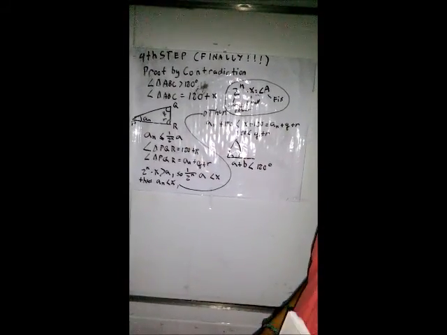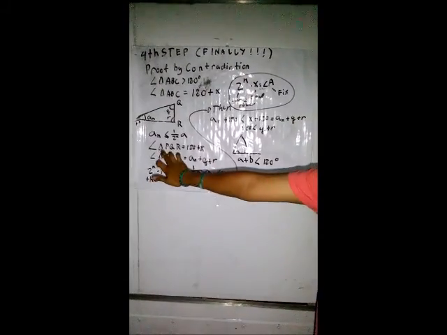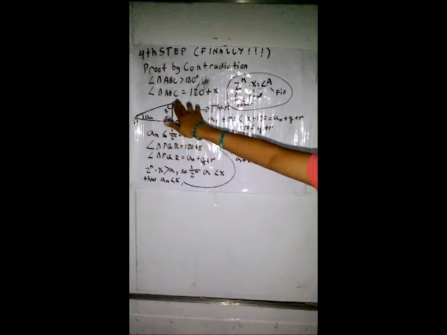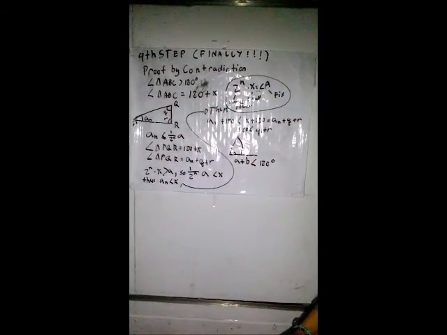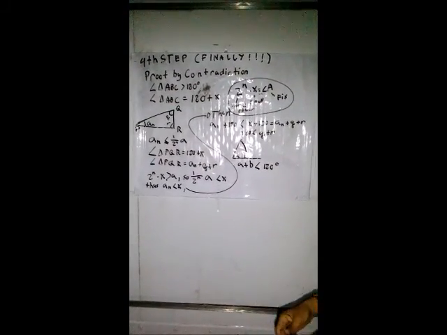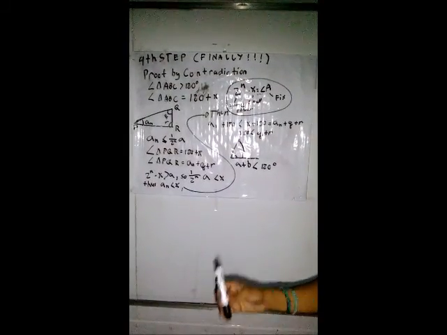Next, we just copy it and change the triangle, because we use PQR as the representation of the bigger triangle ABC, but remember that all triangles have the same sum of the angles.